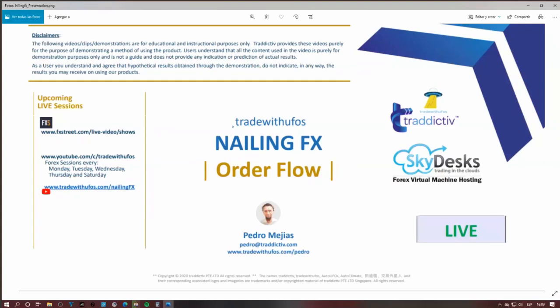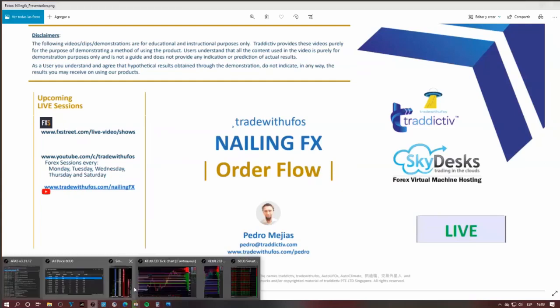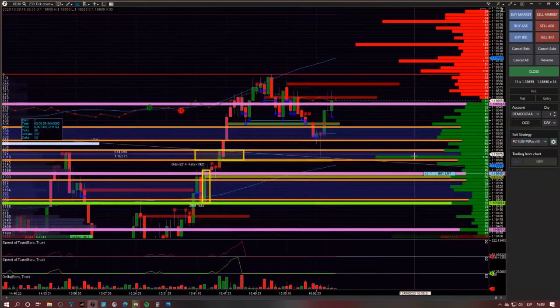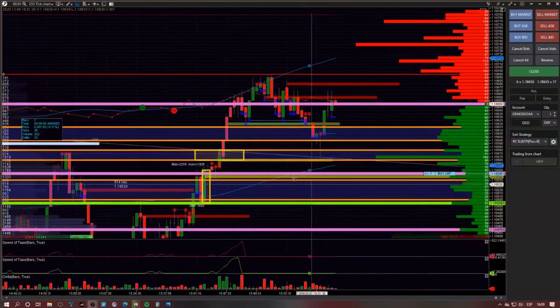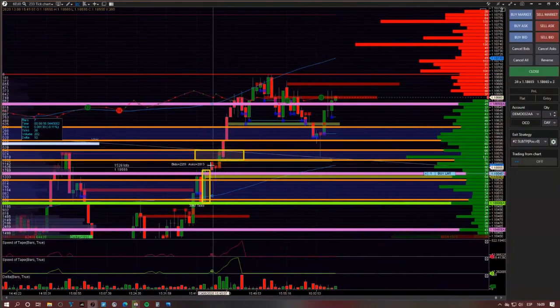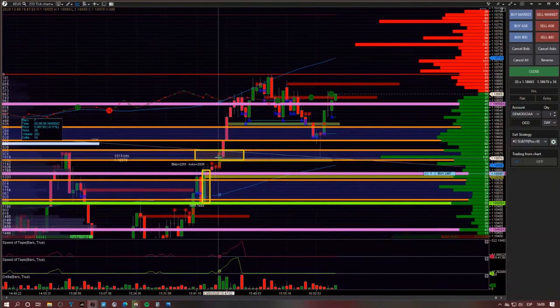Well, we are looking at the euro. We were trying to get into the market in this price area, but the euro didn't move lower than this big trade. It just bounced from this big trade, which was actually another valid entry that we might have spotted just by looking at the big trade.